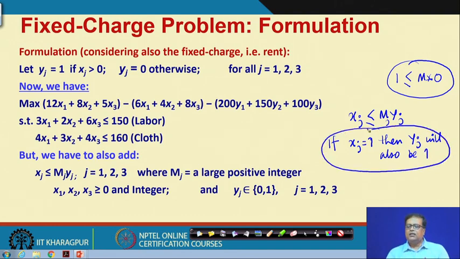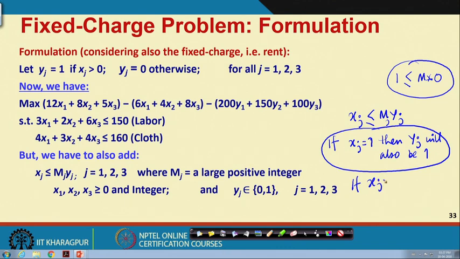So you see this relationship, xj less than or equal to mj yj, will ensure that at any time if xj equals 1, that means a particular activity is there, it is produced, that means the clothing machine is used and we produce some clothing, let us say a shirt or whatever, then yj should be 1, so the rent component will definitely be there.